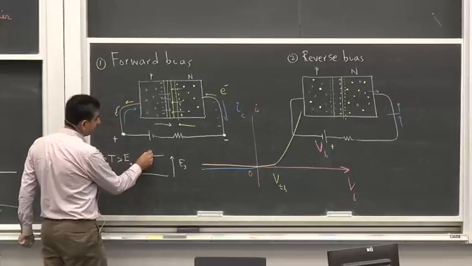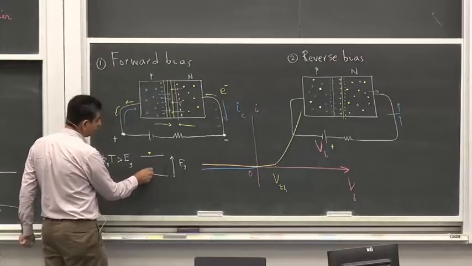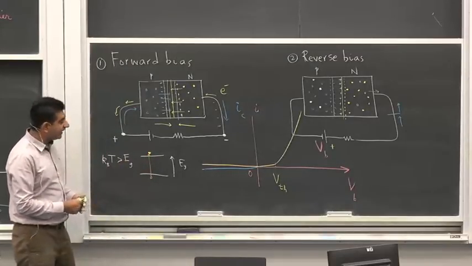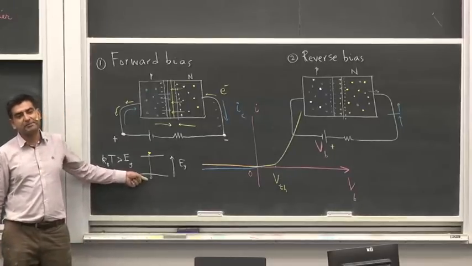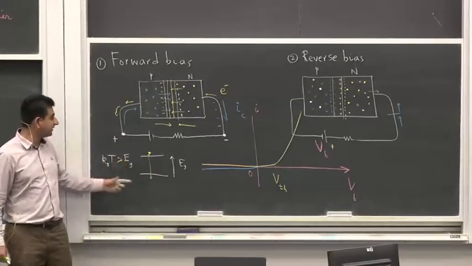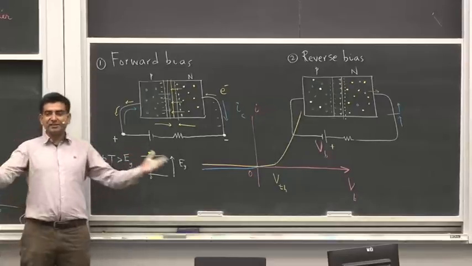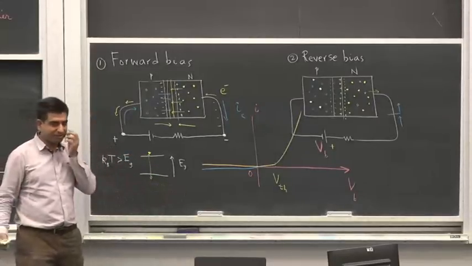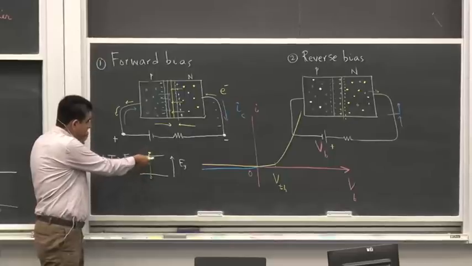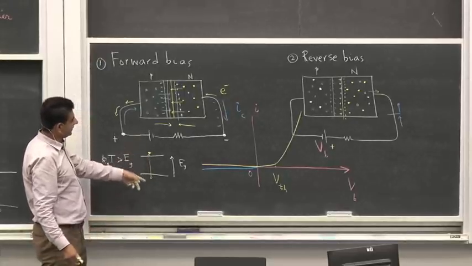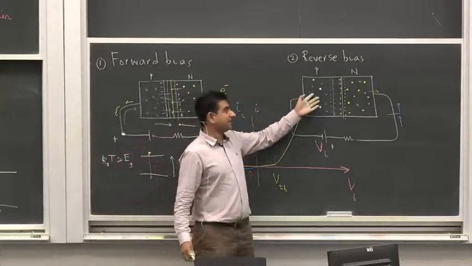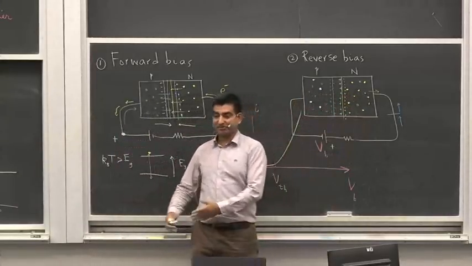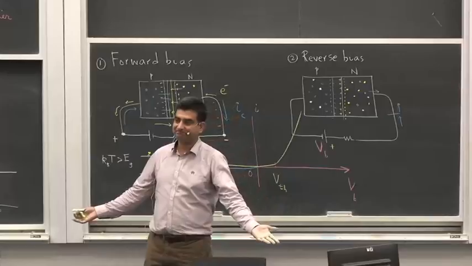An electron will be created at the expense of a hole because there is sufficient thermal energy to promote an electron from the valence band to the conduction band. Just because of temperature, at room temperature, with a certain gap over here, these electrons and holes can be created. And they can be created inside the p-type material as well as the n-type material. There's no stopping that. Okay?